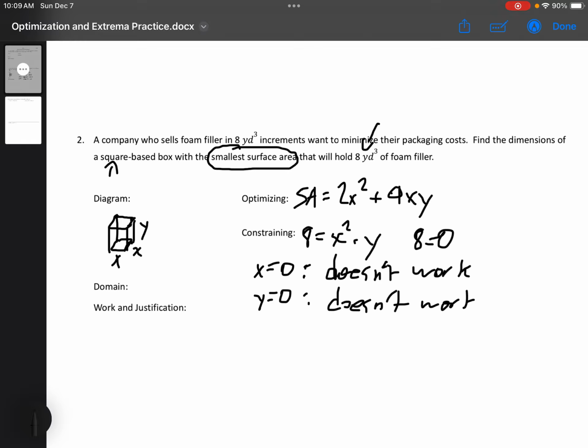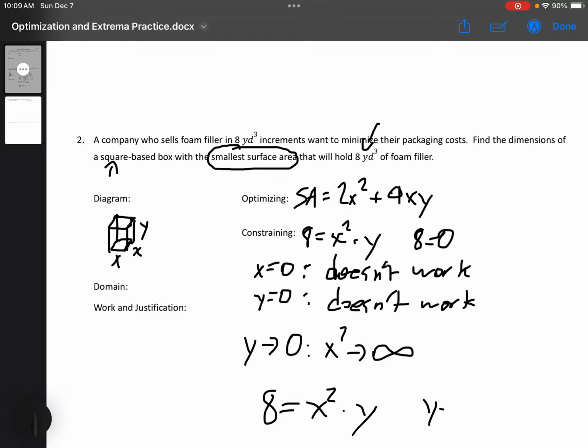However, if y is approaching 0, then that means that x squared is approaching infinity. If you think about it, in the equation 8 equals x squared times y, if y is some really small number, then x squared would have to be really big for it to equal 8.